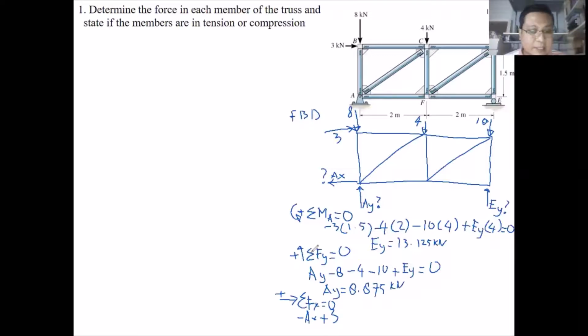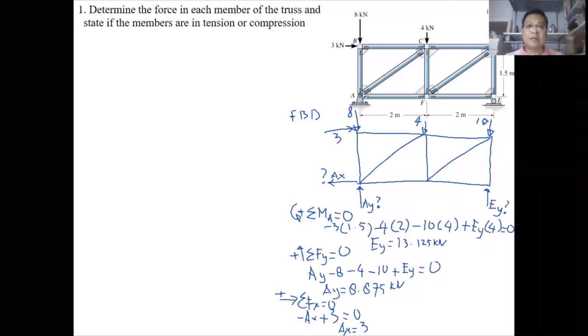Only that, equal to 0. So AX equals 3. Right, so the direction is to the left side.